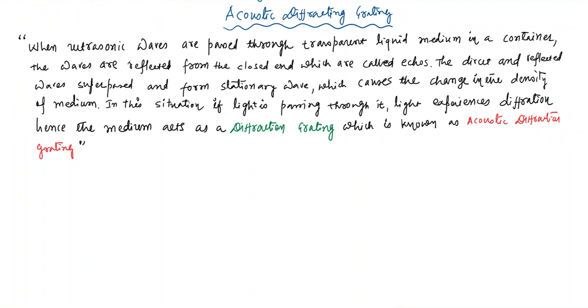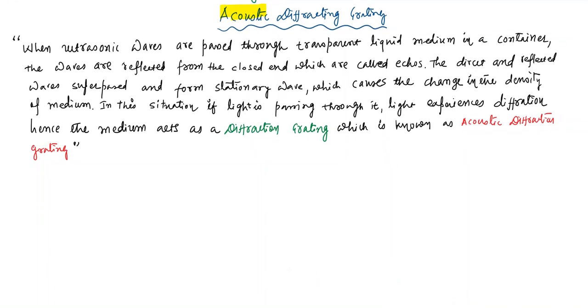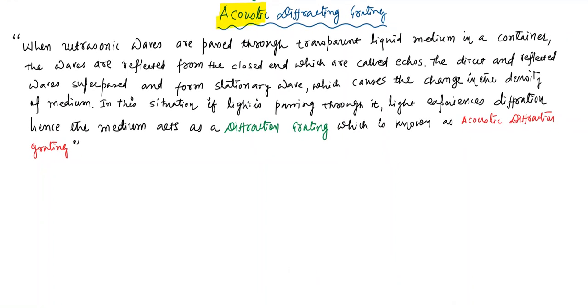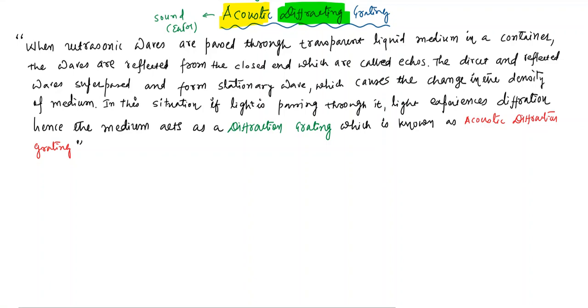What is acoustic diffraction grating is given here. Now see, let me explain this word one by one. First word is acoustic. Acoustic is the word which is related to the sound. એટલે કે ધ્વનિને સંબંધિત જે શબ્દ છે એ છે acoustic. So anything which is related to sound is known as the acoustic. Now the second word is very famous, diffraction.